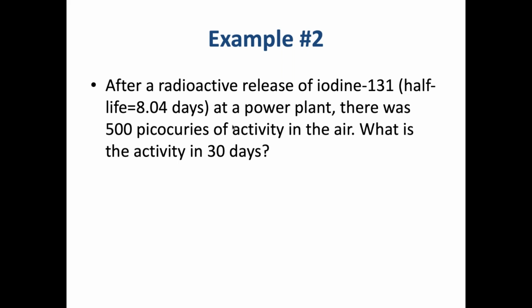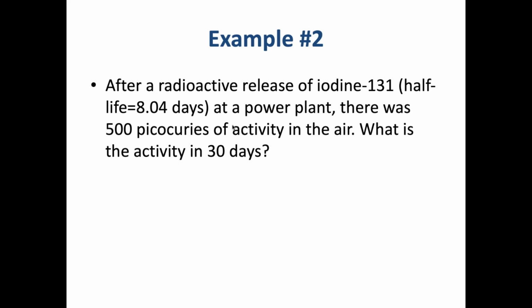I'm wrong about that. We have to do a ratio, because a curie is 32 million, and so 500 picocuries is how many becquerels? Anybody want to calculate that? Let's not bother. Okay, just know that is an equivalent number of radioactive decays per second, whatever that turns out to be.